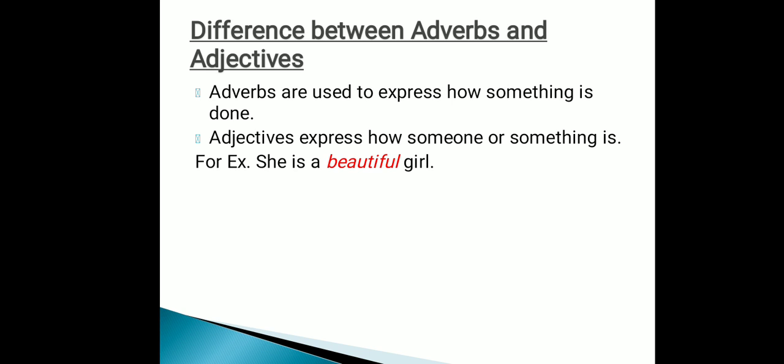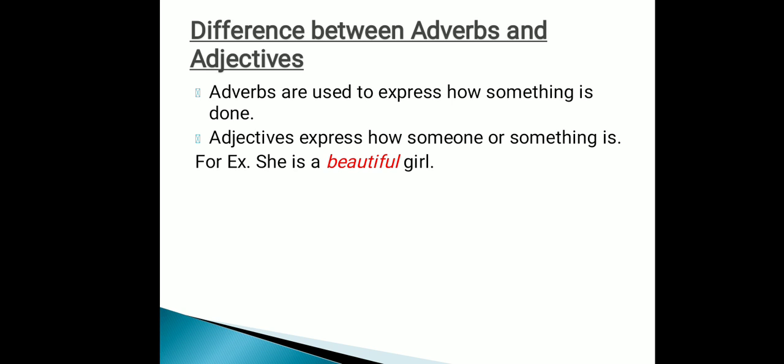Now, difference between adverbs and adjectives. Okay, what is the difference between adverbs and adjectives? Students, adverbs are used to express how something is done, means about the action, how the action is done. Okay, but adjectives express how someone or something is.